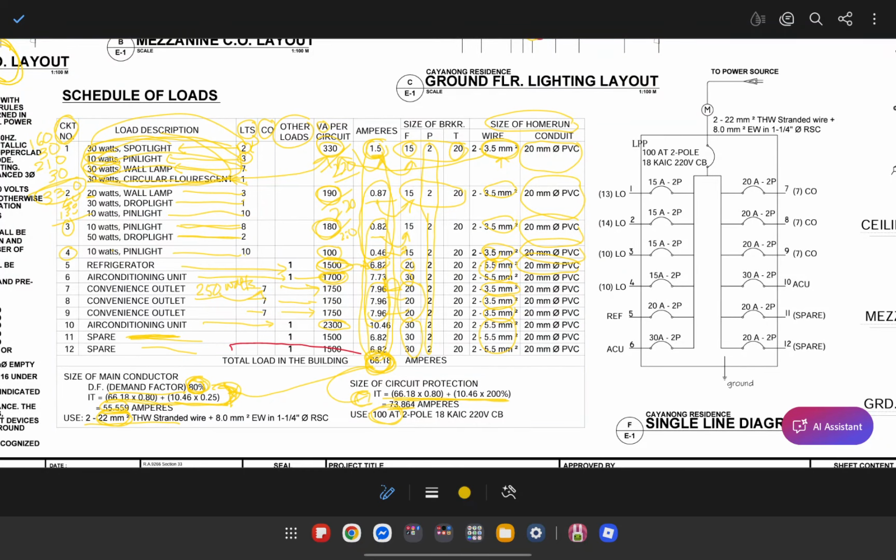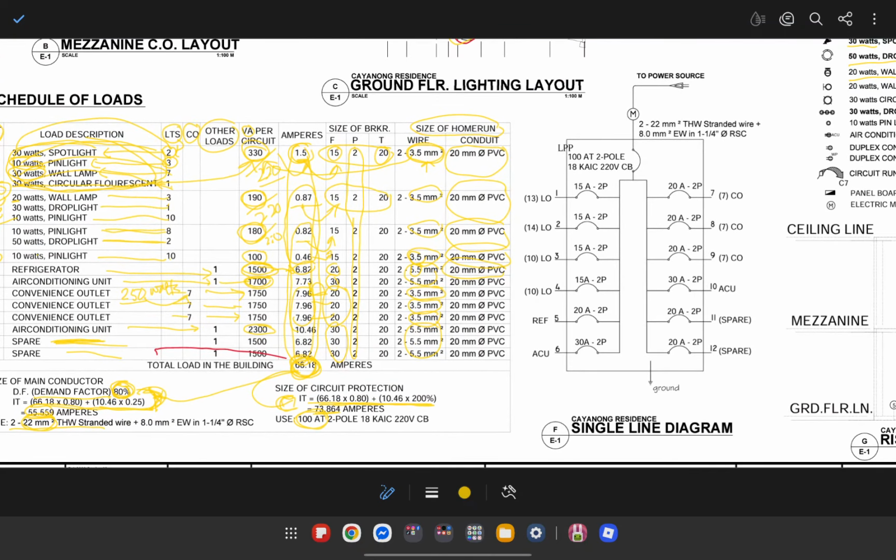Now I will move on to the single line diagram. So the single line diagram is basically a diagram of your panel board. So for example, in here you will see a box. So this box represents your panel board, while this one is for circuit 1, this one is for circuit 7, this one circuit 2, circuit 8, and so forth.